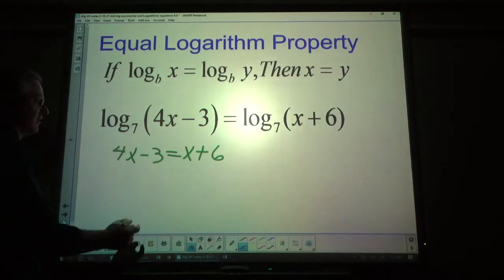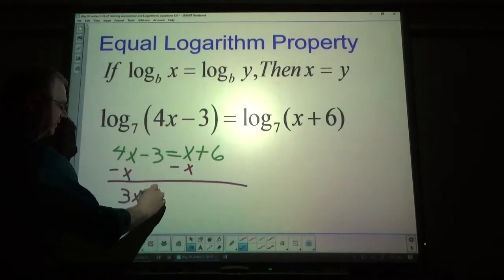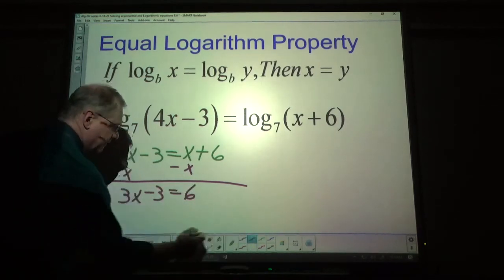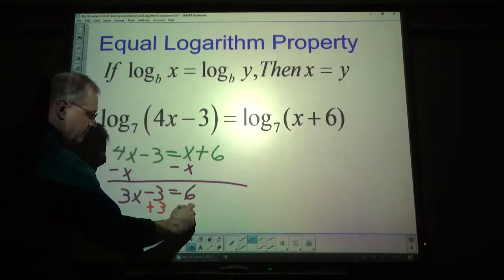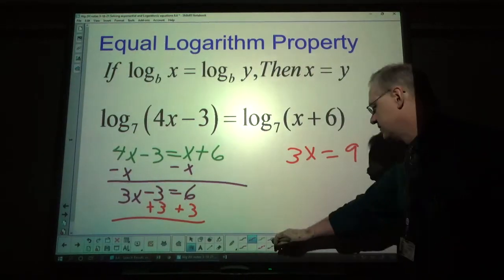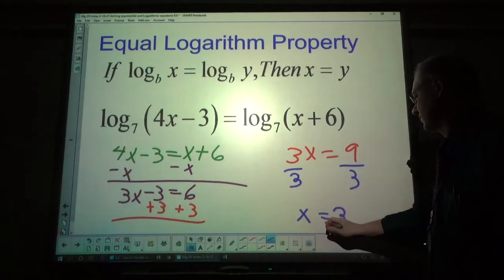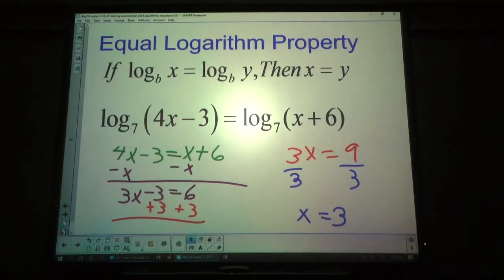And now I just solve. Subtract x. 3x minus 3 equals 6. Add 3. 3x equals 9. Divide by 3. X is 3. And there you have it.